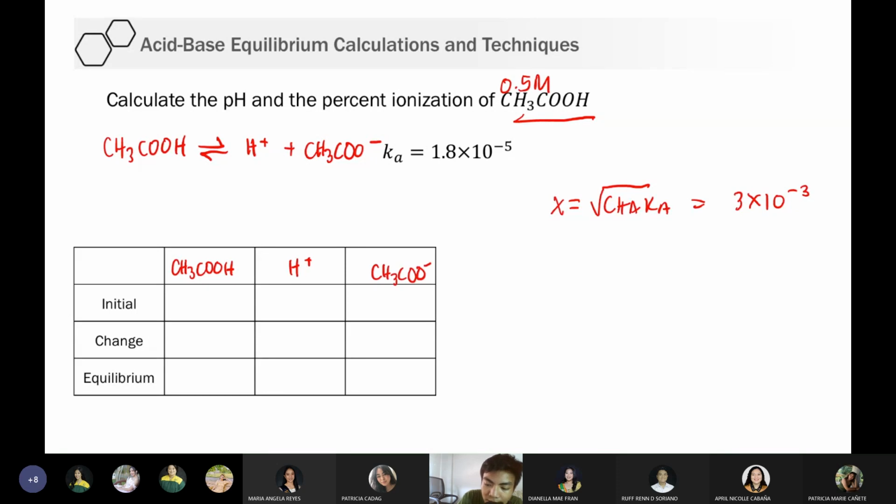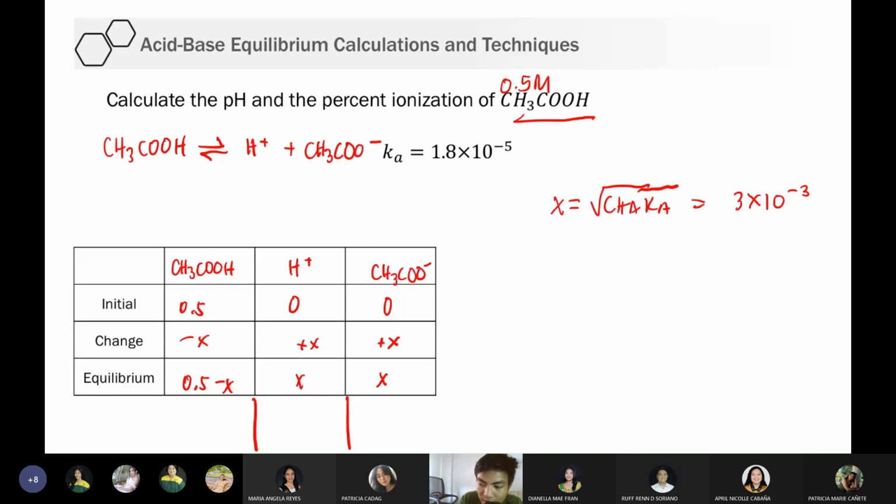So, initial is 0.5. Walang sinabi about the others. Positive sa others. Minus sa acid. So, 0.5 minus x, x, then x. We already know x because that is just the square root of Ca times Ka. Okay? So, we already know the value of x. So, pa-plug in na natin.